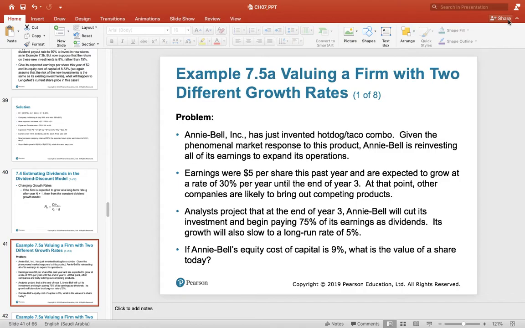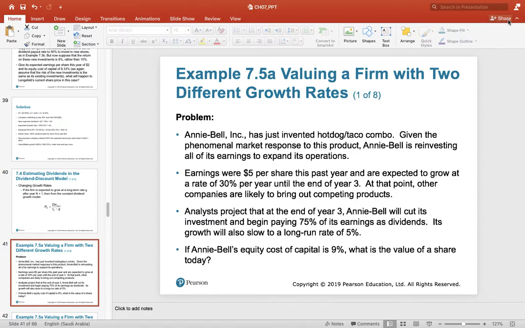Because in the fourth year there is no growth option, at the end of the third year itself the company starts paying 75% as dividend. In the first and second year, as we have seen in the previous discussion, when there is high growth the company will pay less and retain more. The company has 30% growth in year 1, year 2, and year 3 also, so there is no question of paying dividend at the end of year 2.